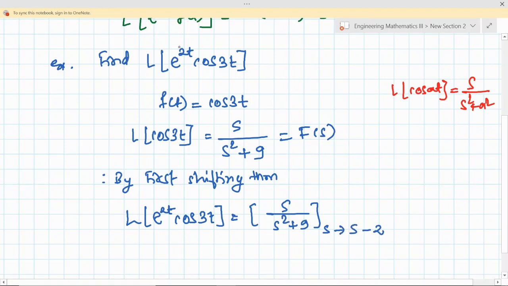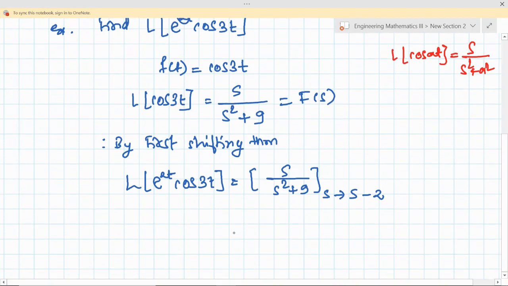A is nothing but 2. This is the property. So replace s by s minus 2: s minus 2 divided by (s minus 2) square plus 9.